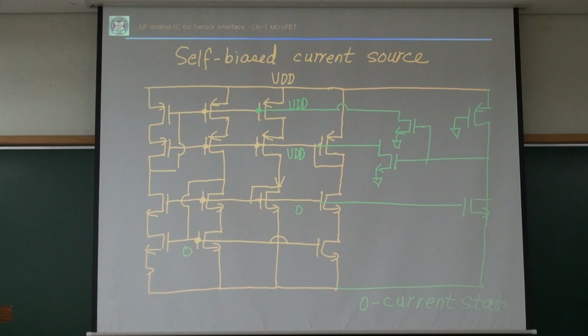To get out of this, for this one, this is zero, this is very high, almost VDD, so it starts to flow current, and then once the current starts to flow, this zero current state goes to the non-zero current state, okay? Because of positive feedback.